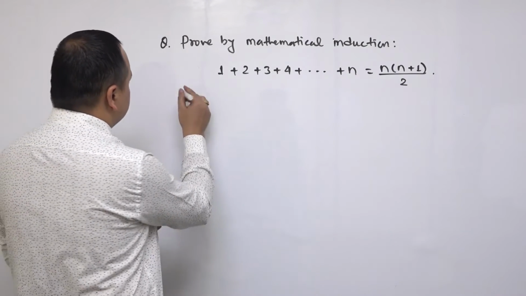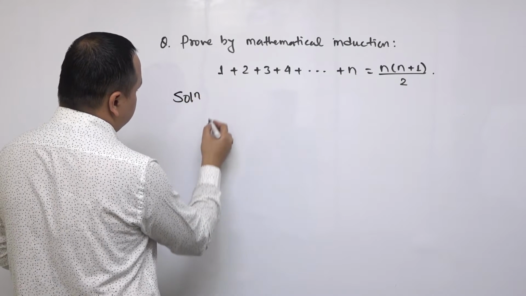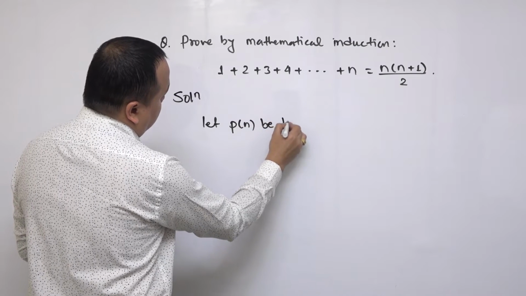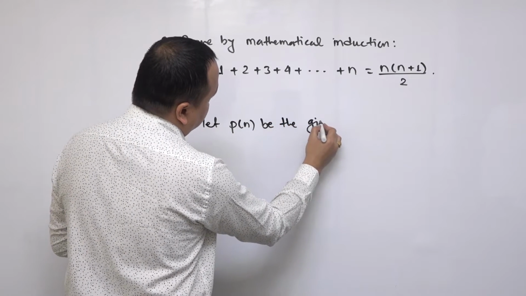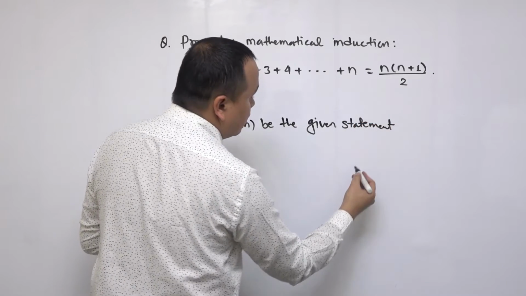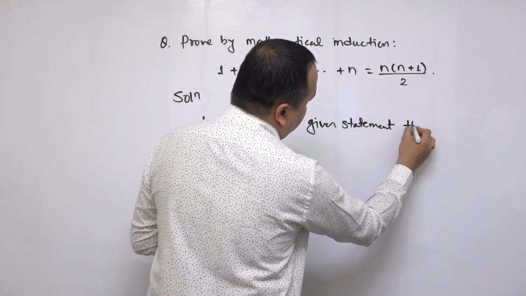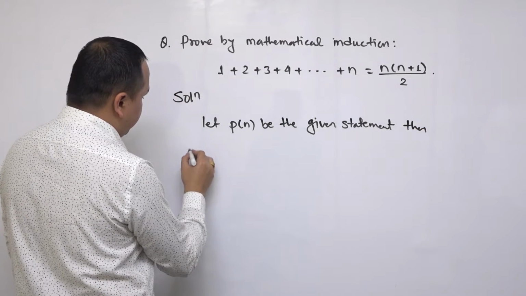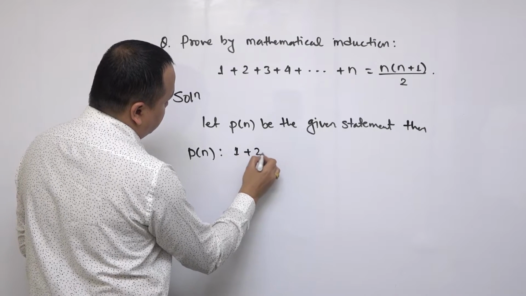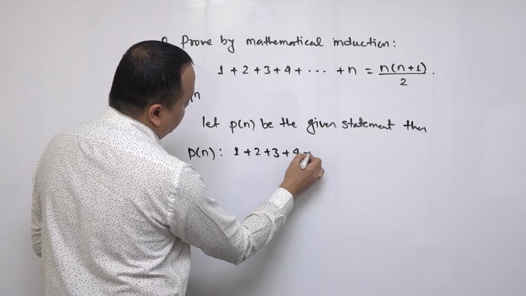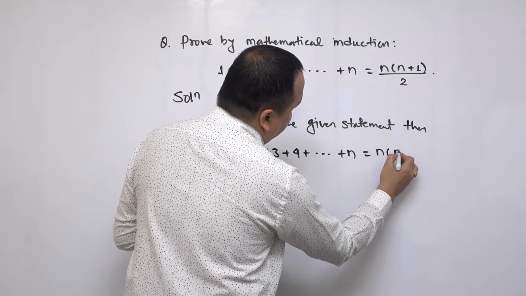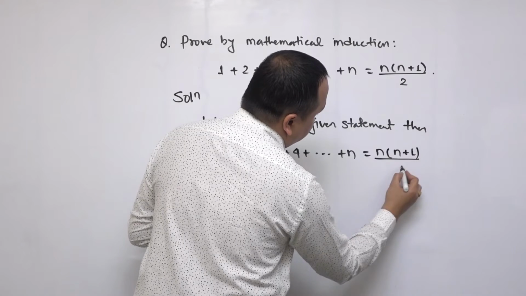Its solution: let Pn be the given statement, then Pn is 1 plus 2 plus 3 plus 4 plus up to n is equal to n times n plus 1 divided by 2.